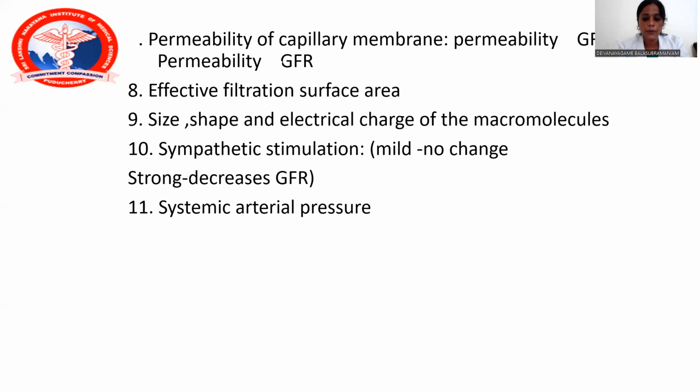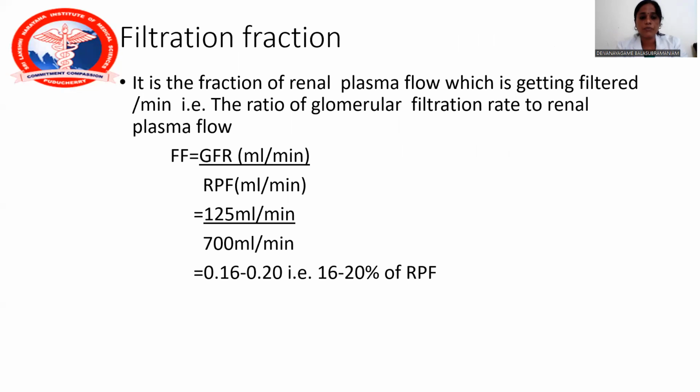So next one is the filtration fraction. What is filtration fraction? It is the fraction of renal plasma which is getting filtered per minute. That is the ratio of glomerular filtration rate to the renal plasma flow.